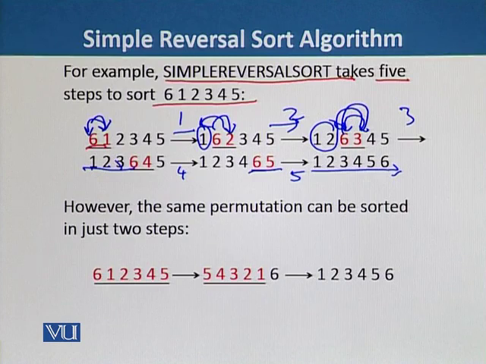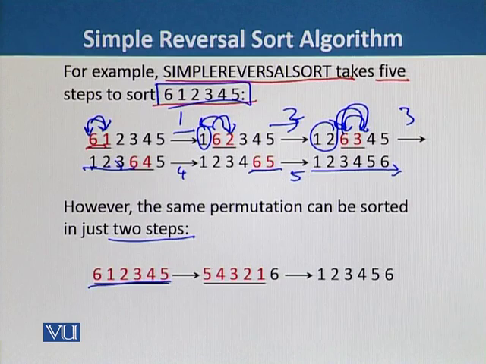Here we can see that the same permutation can be sorted in just 2 steps instead of 5 steps. We can simply reverse the order of the whole of these numbers.